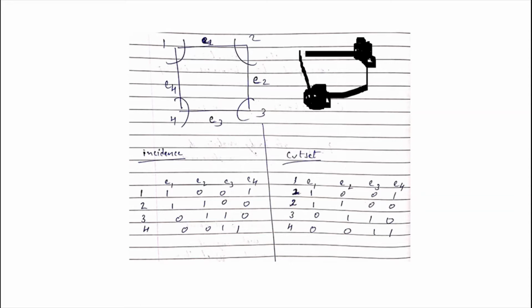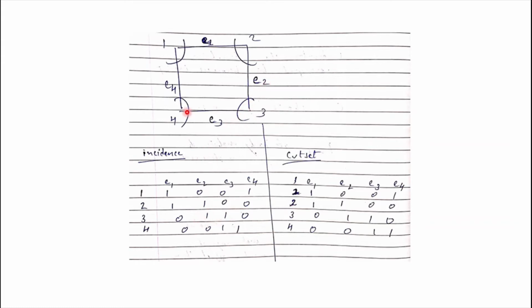So let's find the incidence matrix and cut set matrix of this graph. For vertex one, it would be E1 and E4, and for the second one it would be E1 and E2. For the third one it would be E2 and E3.